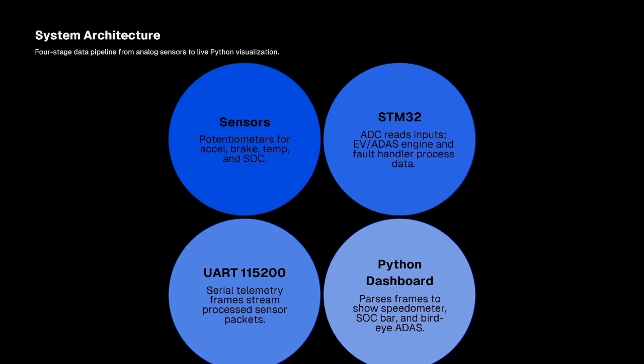These sensors provide the values which are then given to the ADC of the STM32 Bluepill board. These values are then processed by the 12-bit ADC of the STM32 and used for making the calculations for the range and the mode, etc.